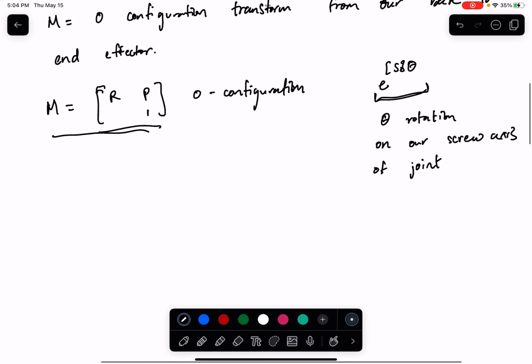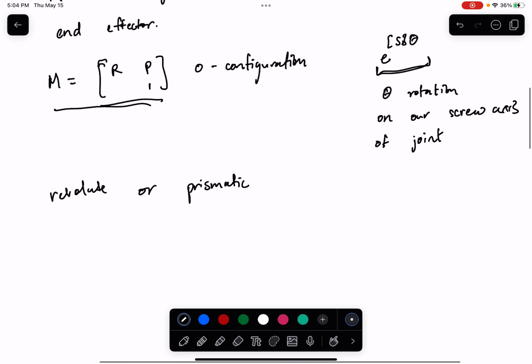Now these joints can either be revolute or prismatic. And this essentially just means this is a rotational joint and this is an extension joint.